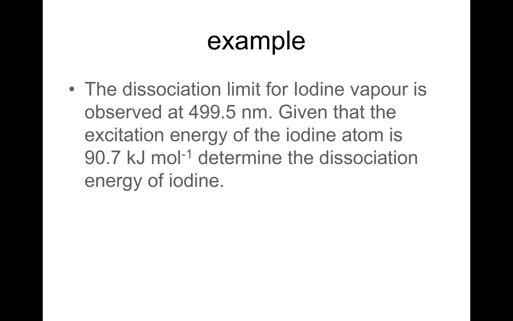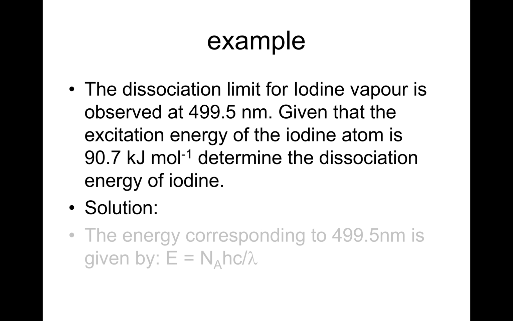Here's an example. The dissociation limit for iodine vapor is observed at 499.5 nanometers. Given that the excitation energy of the iodine atom is 90.7 kilojoules per mole, determine the dissociation energy of iodine. Let's look at the solution now.